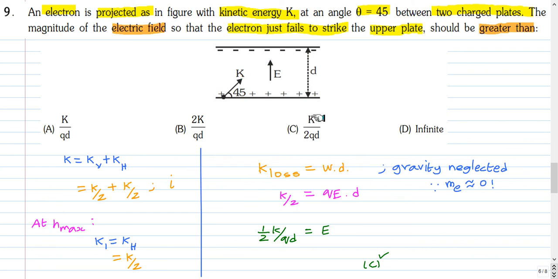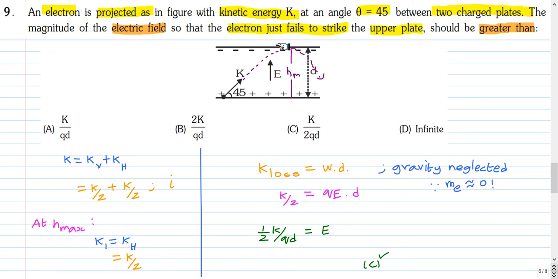So the electron will move like this. So the maximum height point corresponds to the electron touching the upper plate.